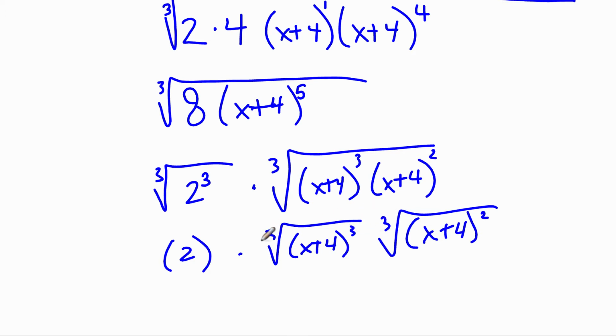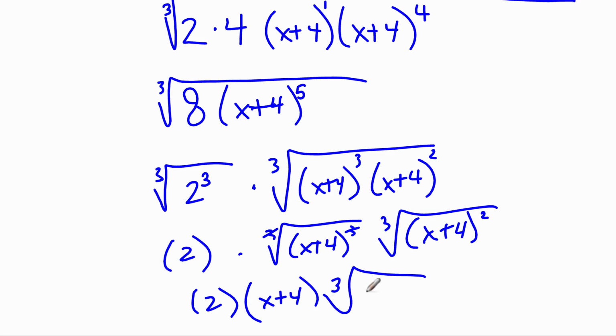Cube root, cancel. So I'd have 2 times x plus 4, right? Because this cancels this. So it would just be x plus 4. And then this one, I can't get that a cube because the number's too low. So I'm stuck with that. So it'd be cube root of x plus 4 squared.